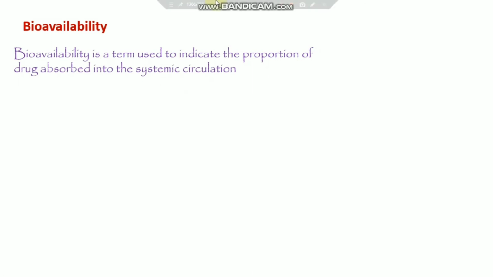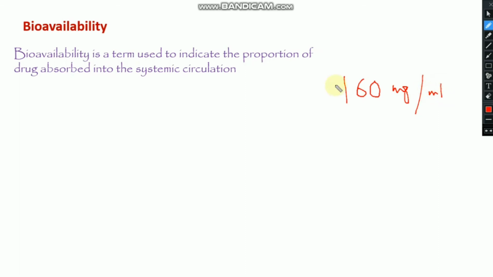So for example, let me write here. If any patient administered around 160 mg per ml of any drug orally, then the part or the proportion of the drug that is absorbed, or comes into the bloodstream, how much proportion of that drug is available in the bloodstream.